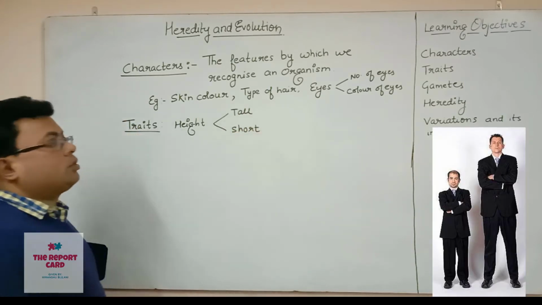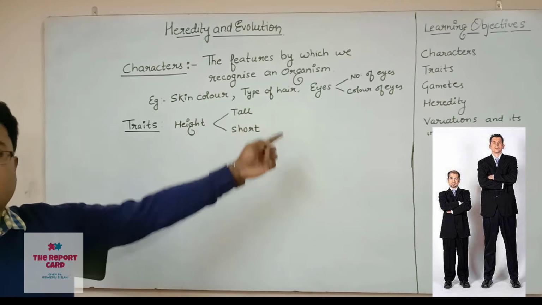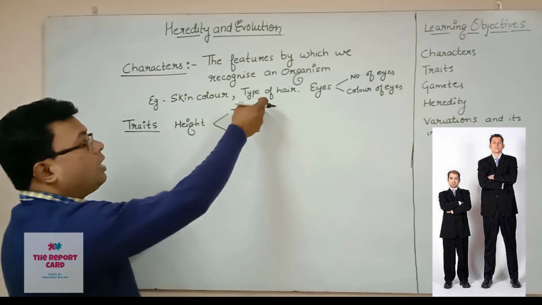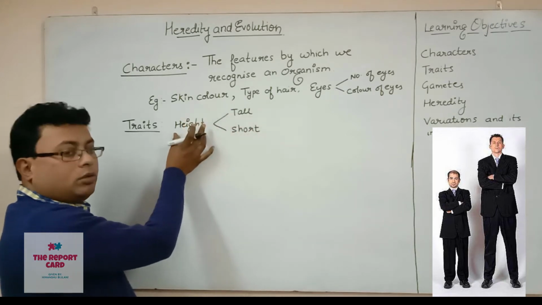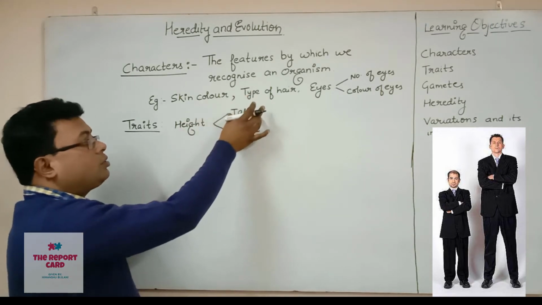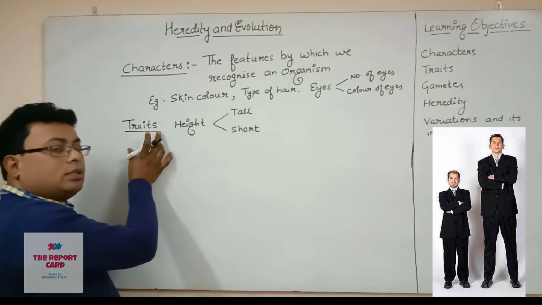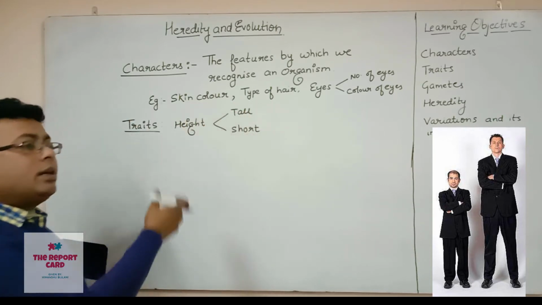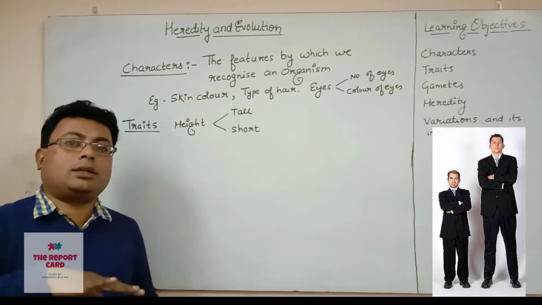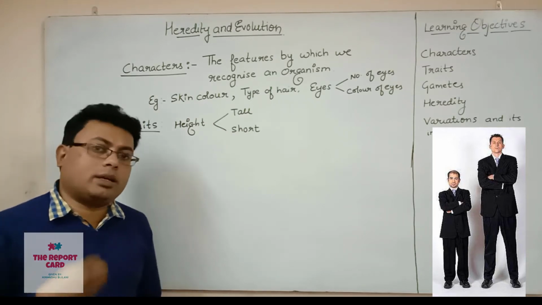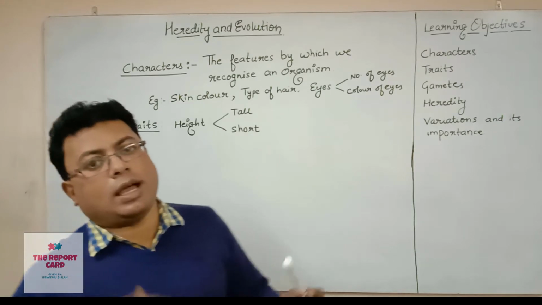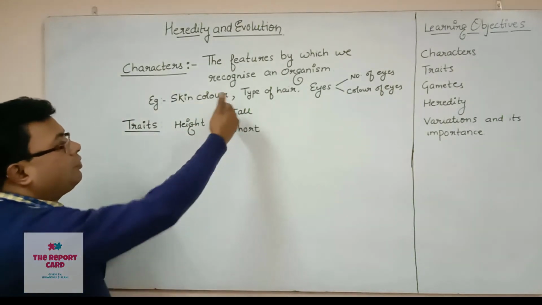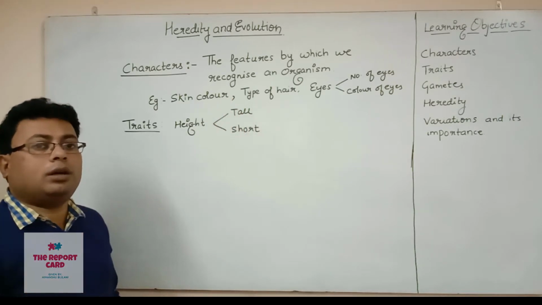So you can say, okay, this person is tall, or that this person is short. The tall and short are two parameters of this particular character, and these two parameters are actually known as the traits. So many a times we say characters or traits. Recognizable features, we say that it is character or trait. So traits can be taken as different parameters of a particular character.